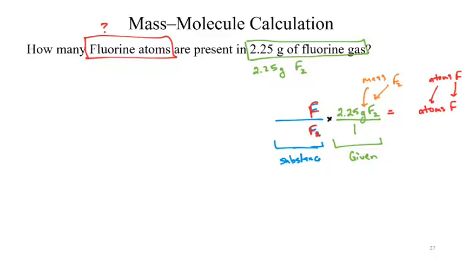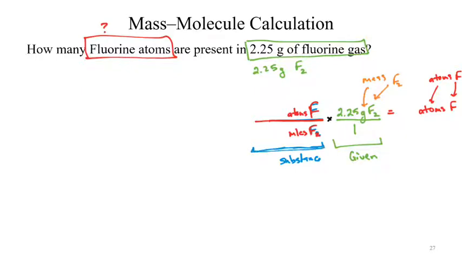When we're dealing with substances, we have to be looking at either atoms or molecules. So atoms of F, molecules of F2. Now I have a proper substance conversion there.